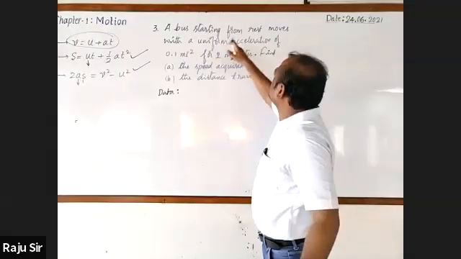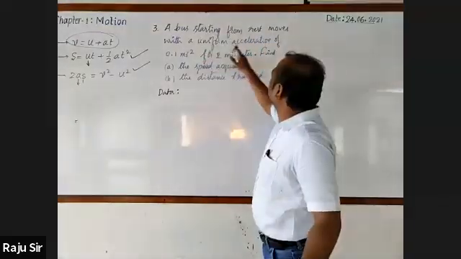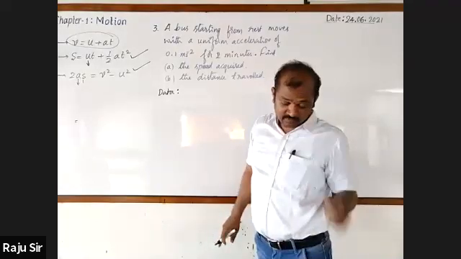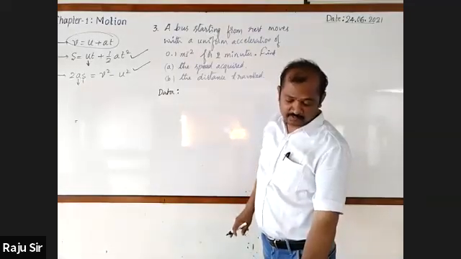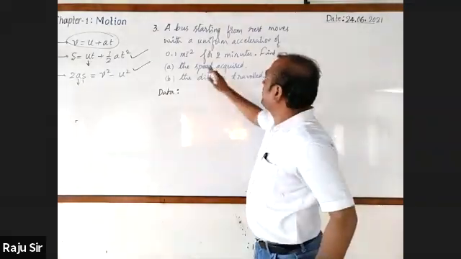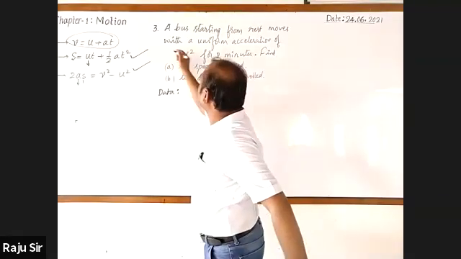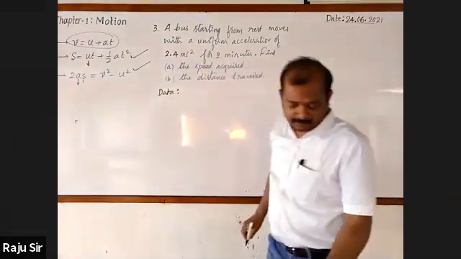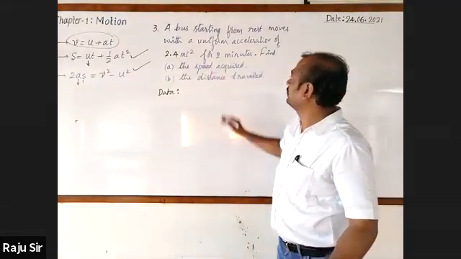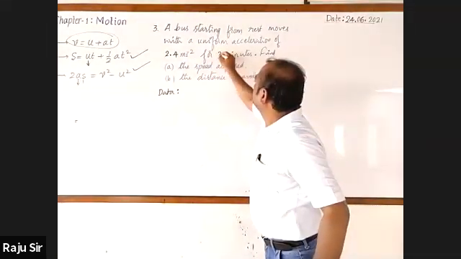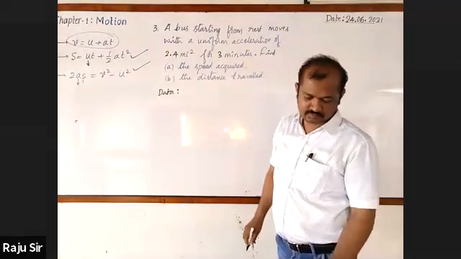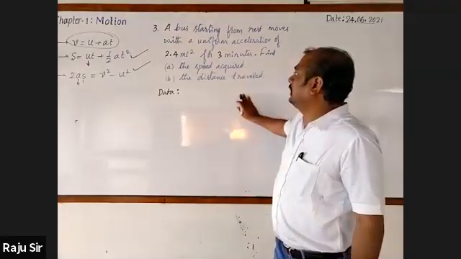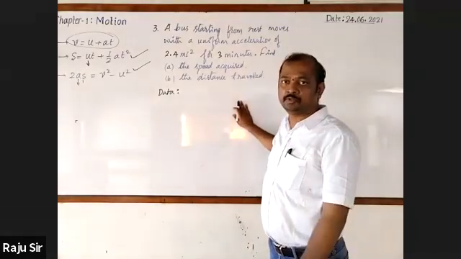A bus starting from rest moves with a uniform acceleration of 2.4 meter per second square. In 3 minutes, the speed acquired and distance should be found out.